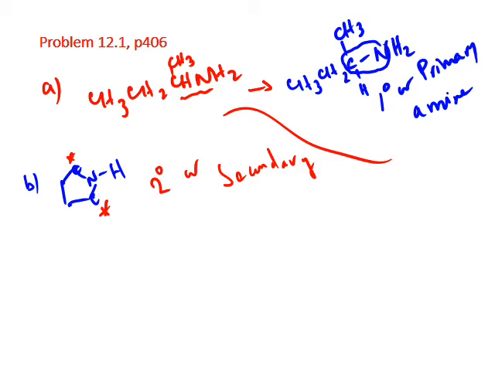In part C, the benzene ring, the double bond, single bond, double bond, single bond, double bond, that's benzene ring. And then you have nitrogen, and you have 2 CH3, CH3, CH3.